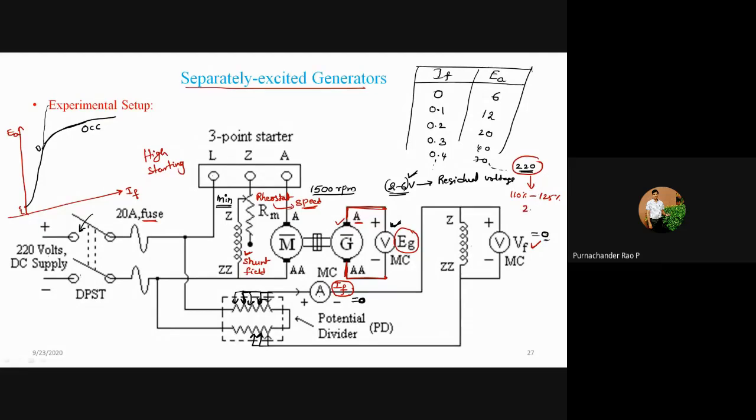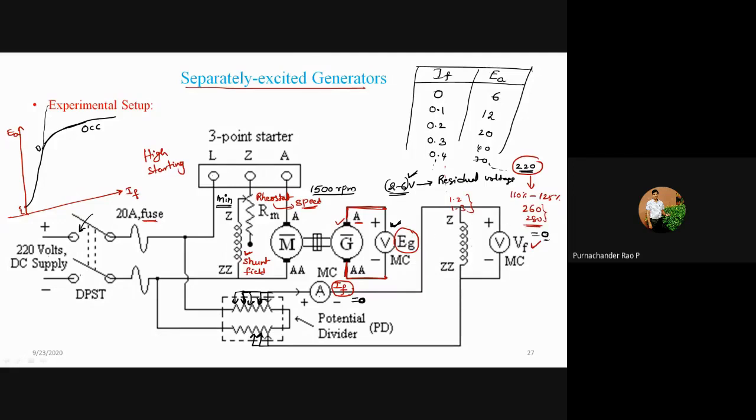So you can move up to 260 or 280 volts, so that your current will be some 1.2 or 1.3. The field current may exceed the rated values and your voltage may increase up to 280 volts.